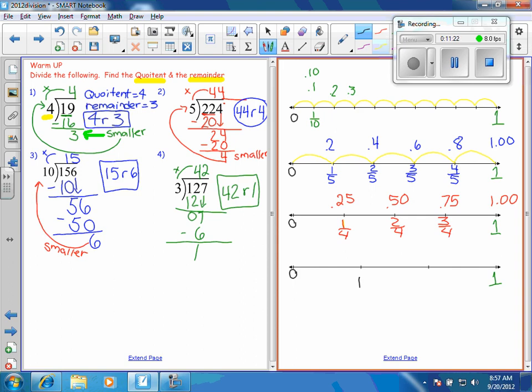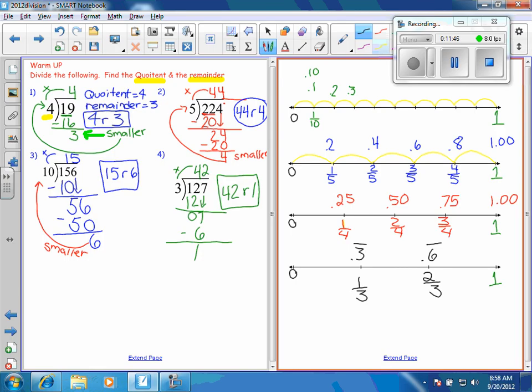Does anybody know the decimal for thirds? Do you know it, Joe? What is it? 0.33333 forever, right? And we put a bar on the top for that. We'll practice more with that one, but for right now, I'm just going to write it down.